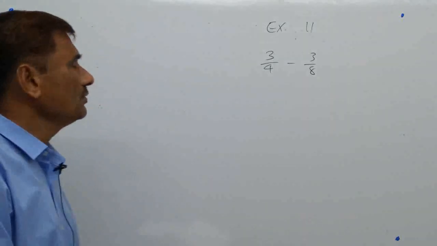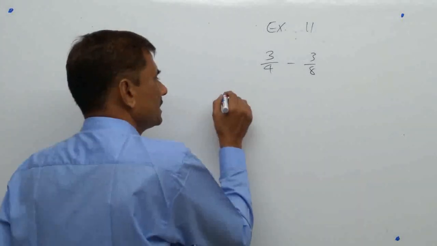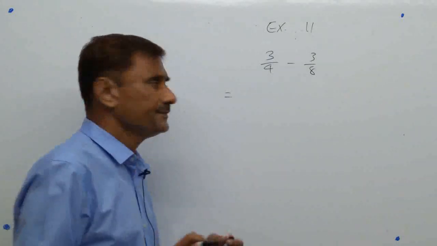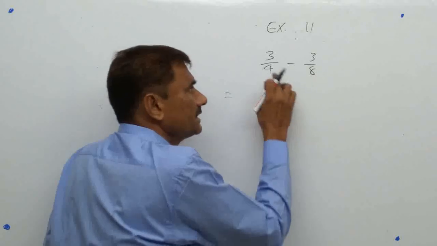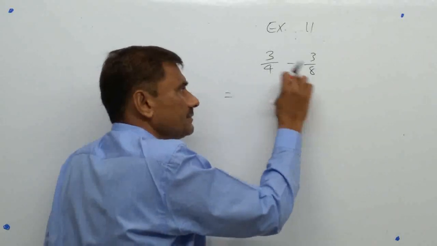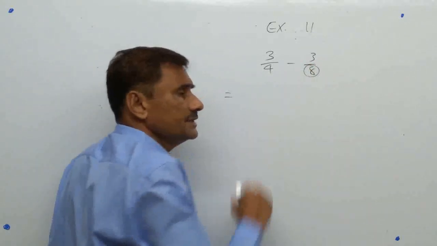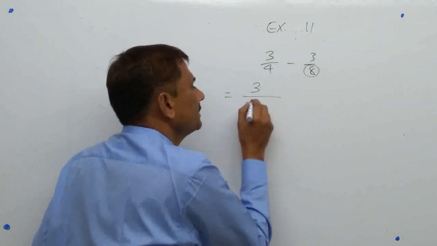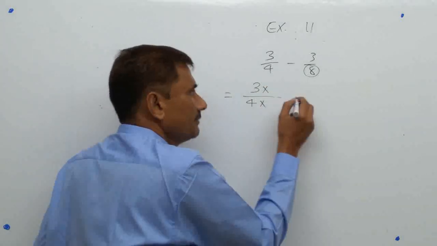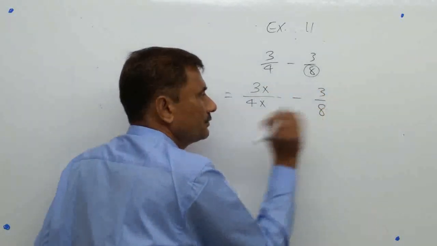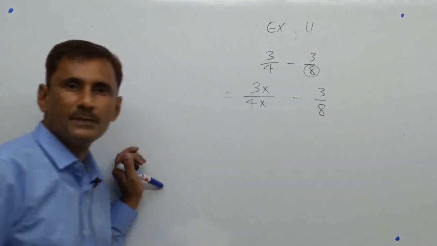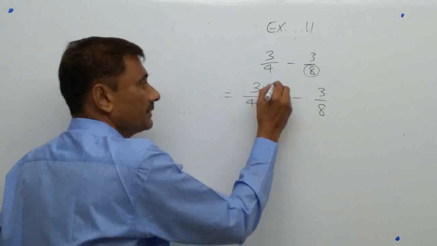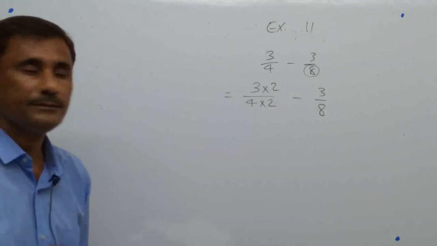Okay, now as I told you, either cross multiplication or taking LCM, you can solve it. Anyway, now I am taking LCM. I told you whenever the bigger number is a multiple of the smaller number, the bigger number itself is the LCM. So I need 8 here, by multiplying 2, so the numerator also.